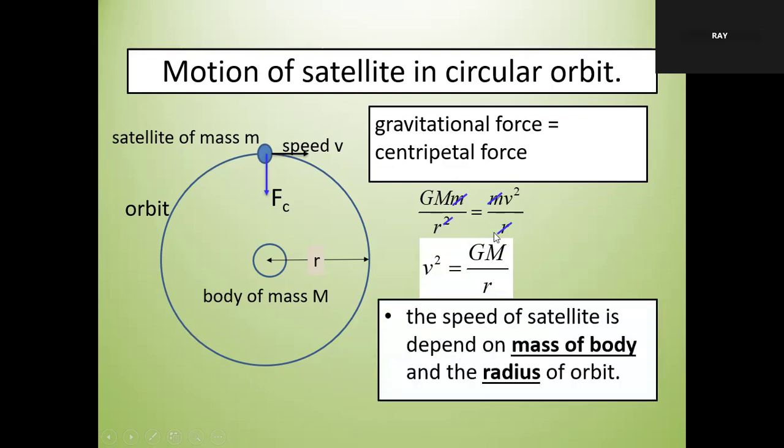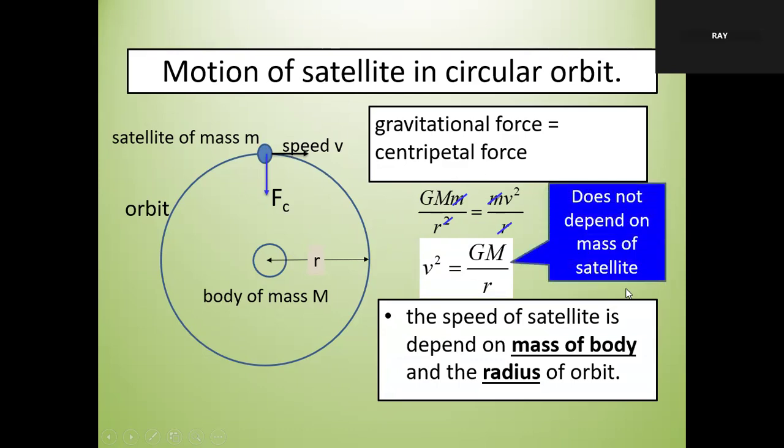In the formula, we can see that the mass of the satellite is not in the equation. So it doesn't matter about the mass of the satellite, it can be very large or very small. The speed is governed by the mass of the Earth and the radius of the orbit. It does not depend on the mass of the satellite.